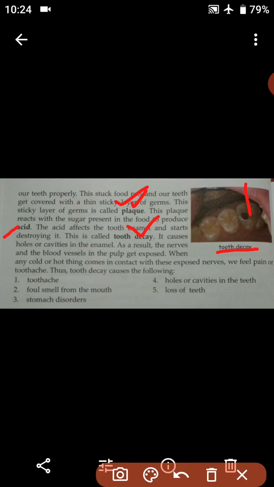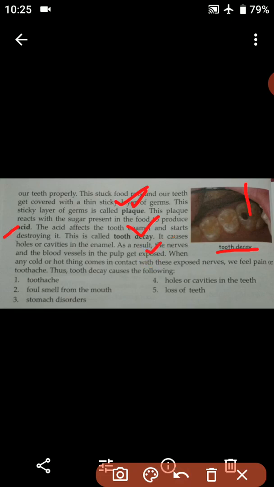So it causes a hole or cavity in the enamel. So students, after tooth decay what happens? It will cause the formation of holes or a cavity in the enamel. As a result, the nerves and the blood vessels in the pulp get exposed. That means they will come out of their area.